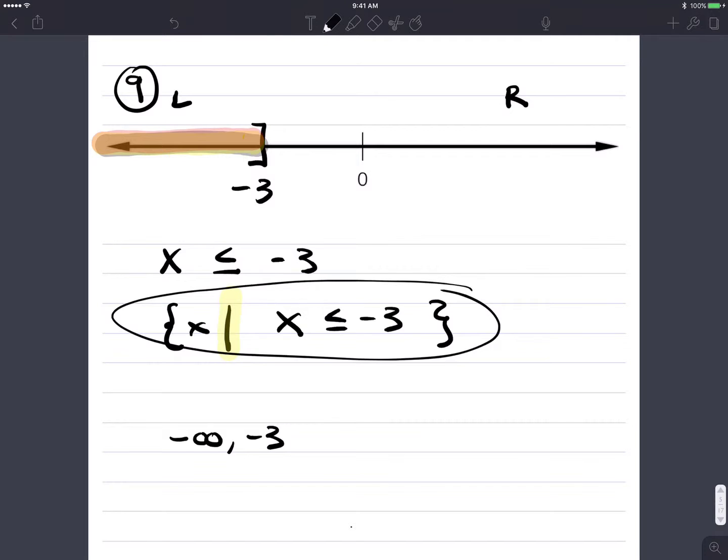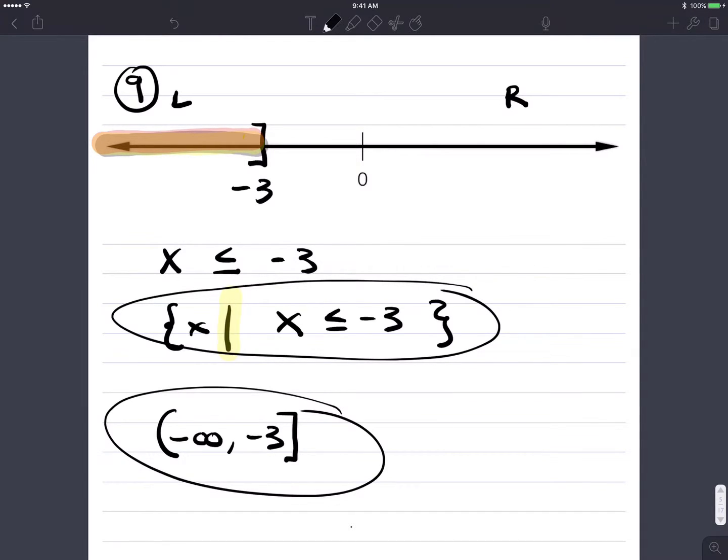Because we have a square bracket, we use the square bracket to describe that we include -3. Infinity is not a finite number, so we always use the parenthesis. This here is interval notation.